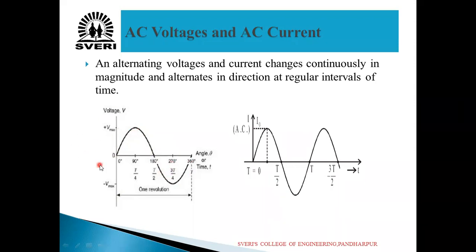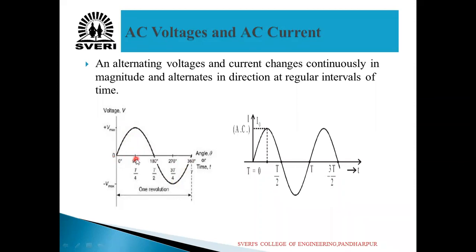This is the voltage waveform, and this is the current waveform. At time t equals 0, the voltage is 0. As time starts to move, it rises. When omega t is 90 degrees, it reaches the peak value. At 180 it becomes 0 again, at 270 it is at the maximum value in the other direction, and at 360 it is 0 again.